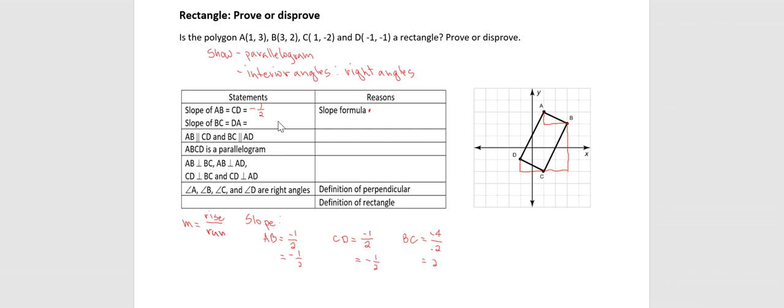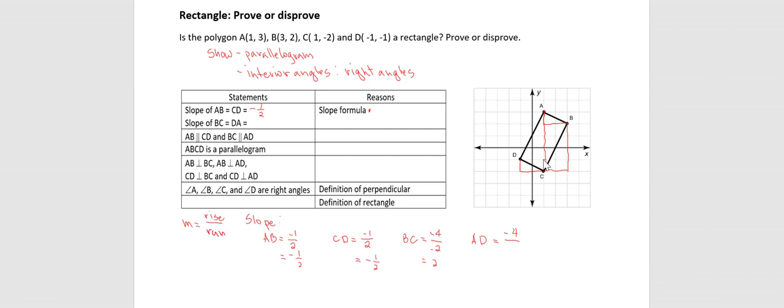Next, for the slope of line segment DA or line segment AD. We start from point A. We move 1, 2, 3, 4 units down. So we have -4.